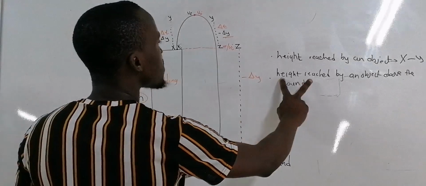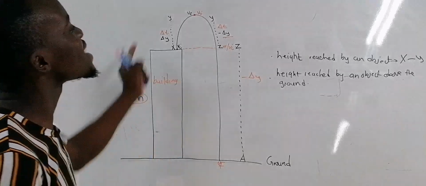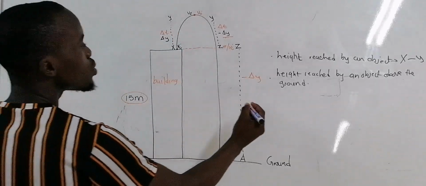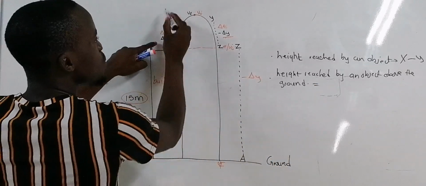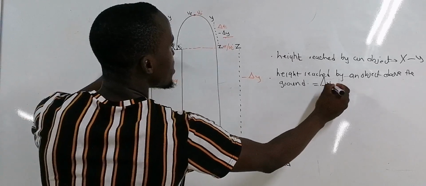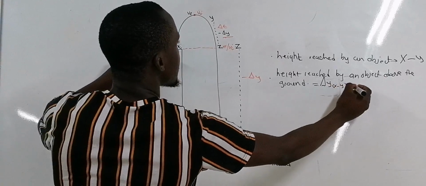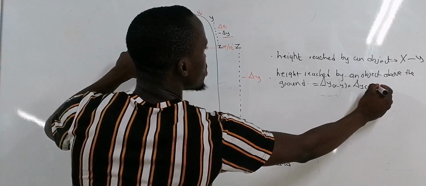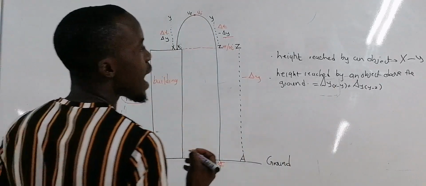But when they ask you to calculate the height reached by an object above the ground, they want you to calculate the entire height of the projectile motion, meaning that you are going to do what? Height reached by an object above the ground will be the height of delta y, the height of point X to Y plus the height of point Y to Z equals the height reached by an object above the ground.